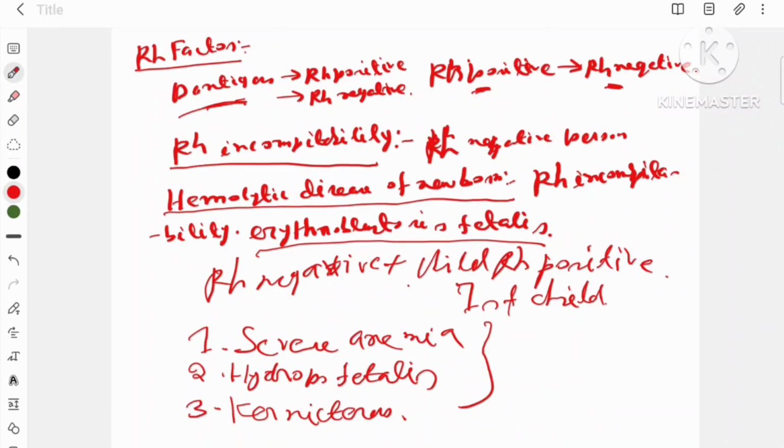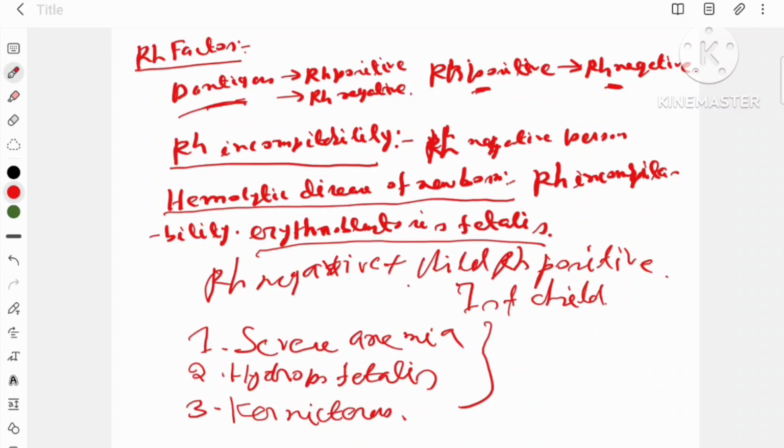This develops passive immunity and prevents the formation of Rh antibodies in the mother's blood. So hemolytic disease of newborn does not occur in a subsequent pregnancy.